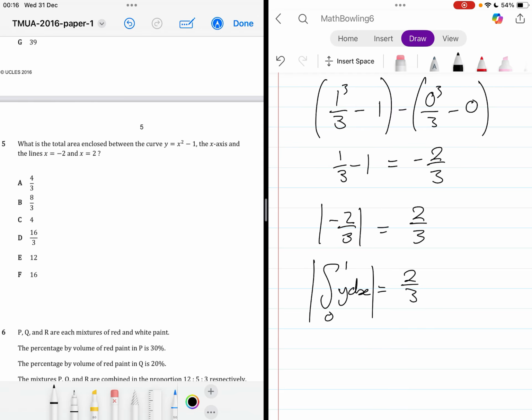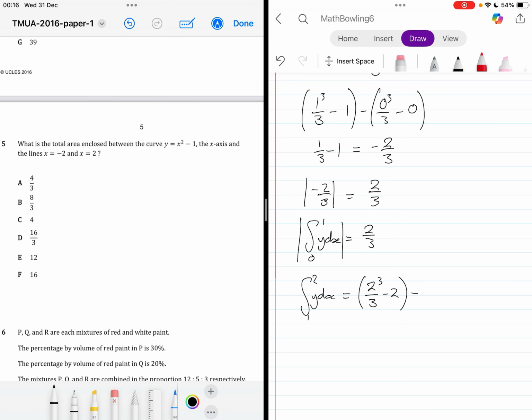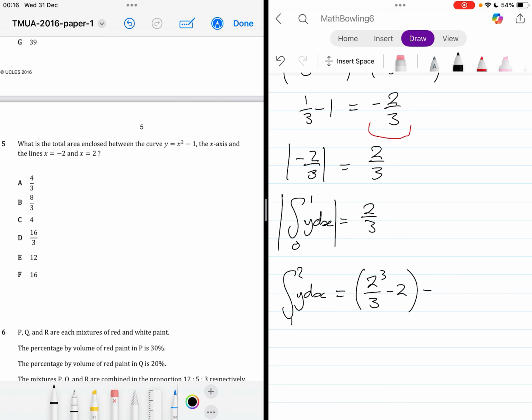Mod of that. The second part of the integral is going to be from 1 to 2. And this is just going to be 2 cubed over 3 minus 2, subtract what we've already worked out here, minus 2 over 3.